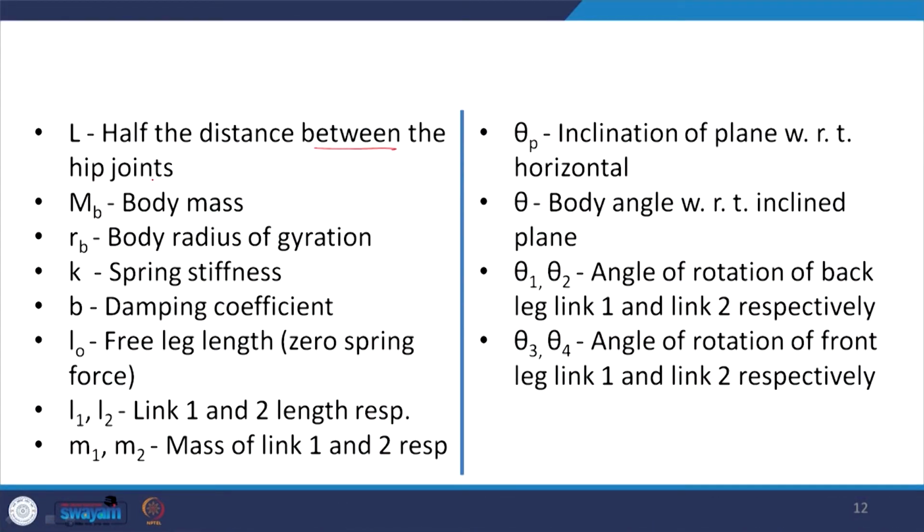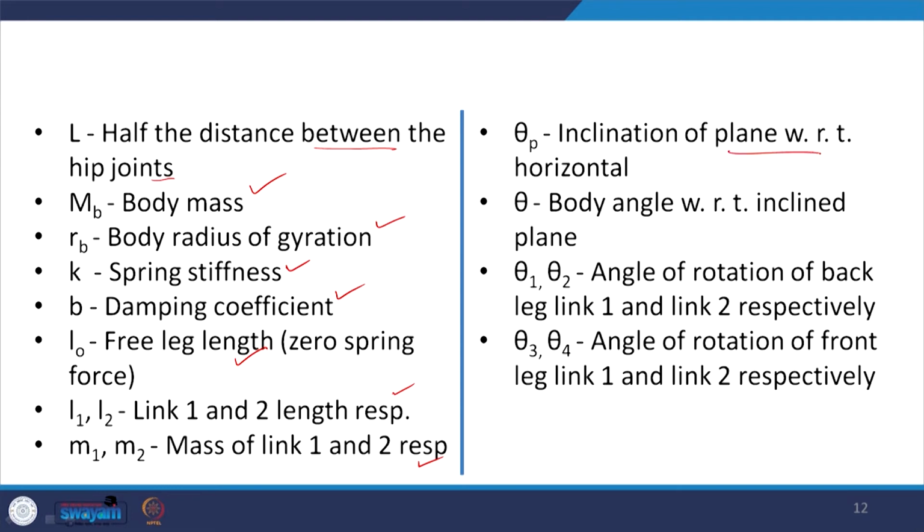In this slide all the parameters are defined: half of the distance between the hip joints, body mass, body radius of gyration, spring stiffness, damping coefficient, free leg length at zero spring force, L1 and L2 are link 1 and link 2 lengths respectively, M1 and M2 are the masses of link 1 and 2 respectively.